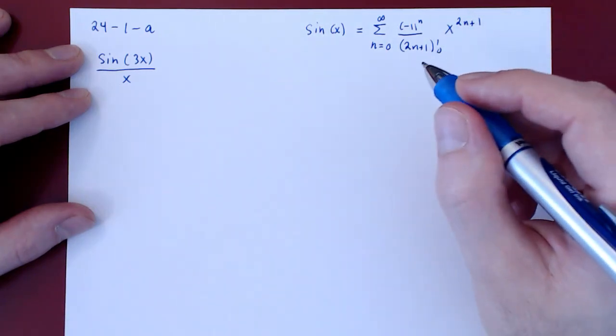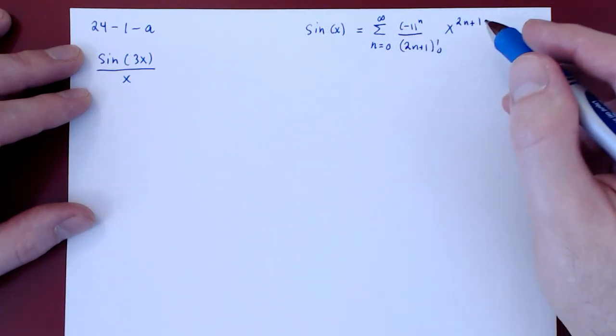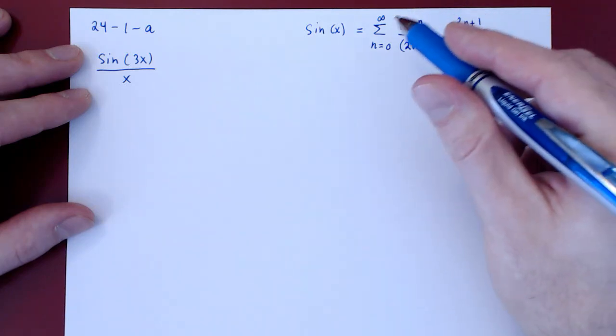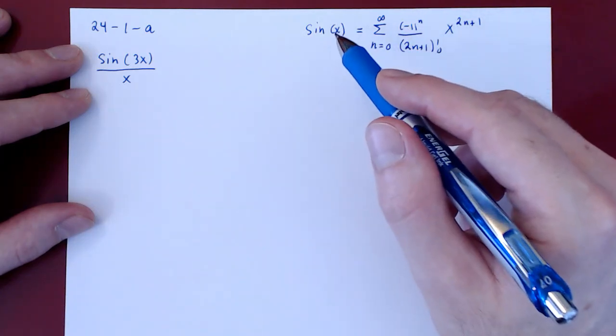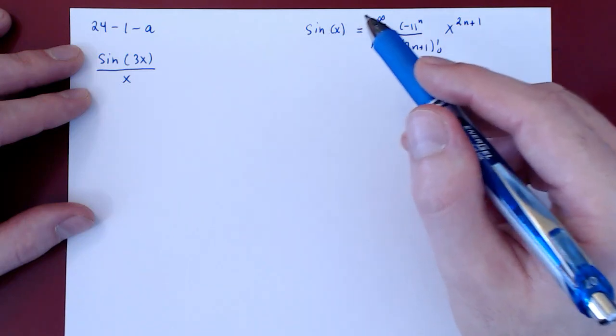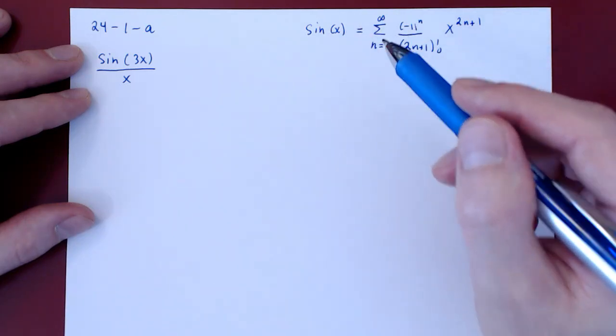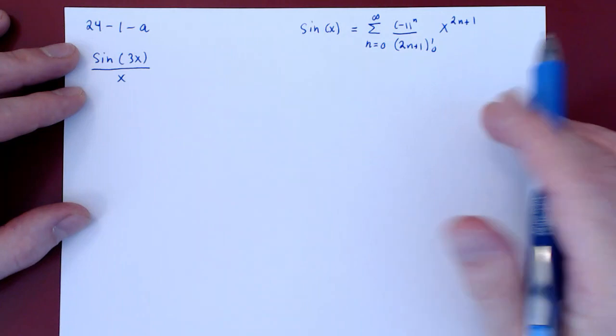And the key is that, again, if we apply the ratio test here, this series converges for all values of x, and so the equality between sine of x and its Maclaurin series is valid for all values of x.